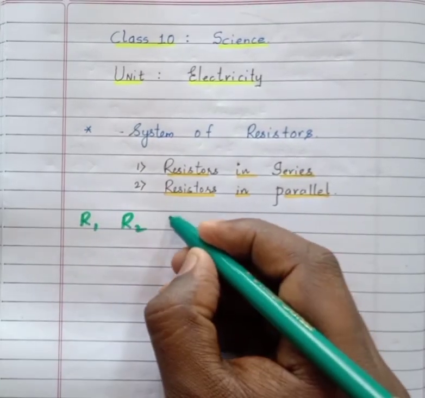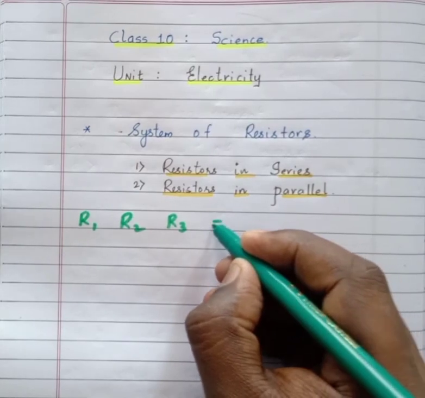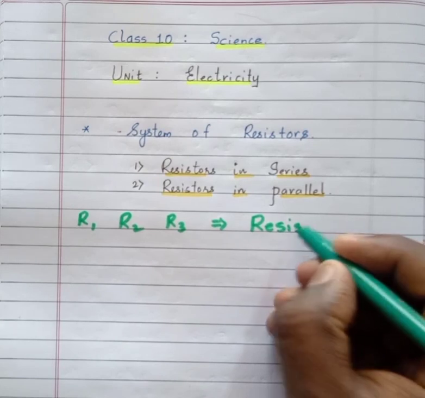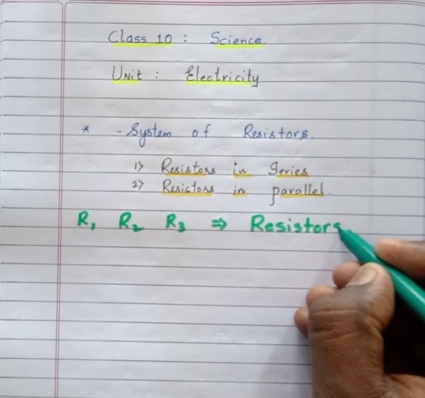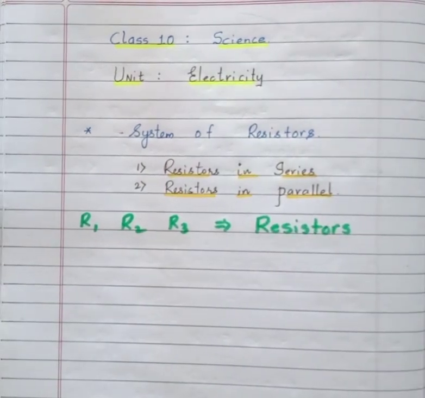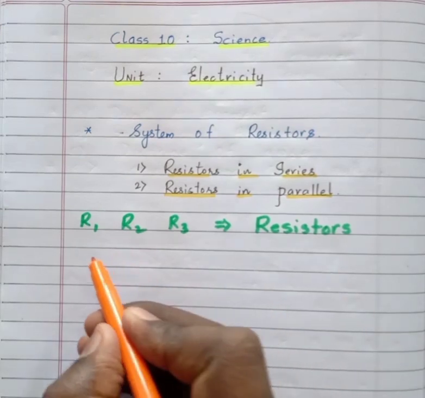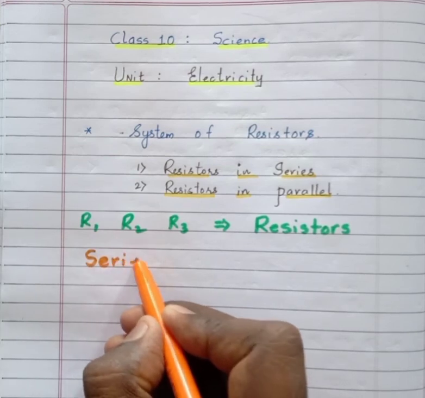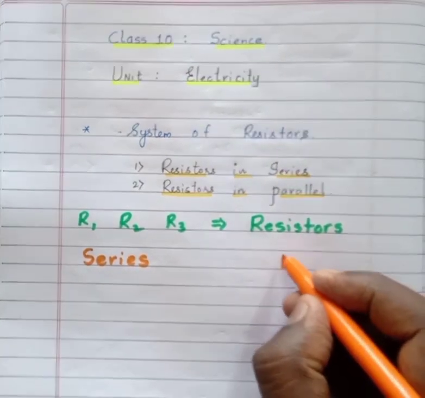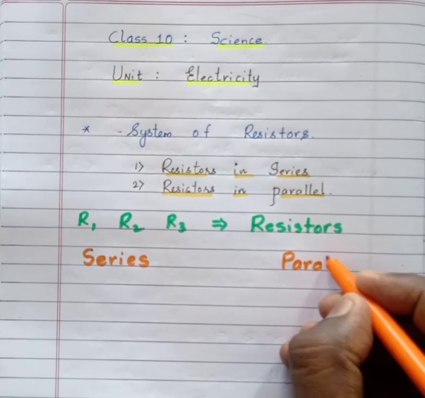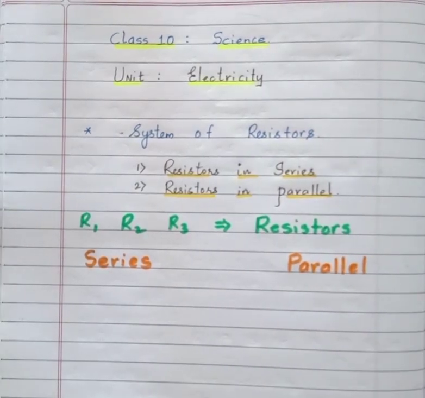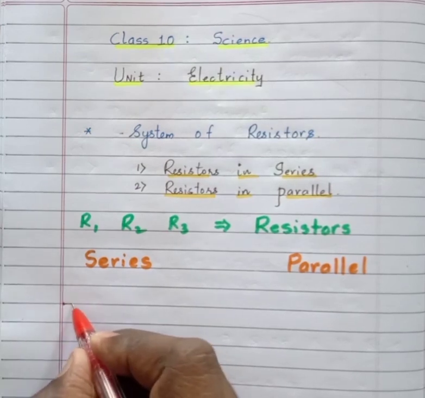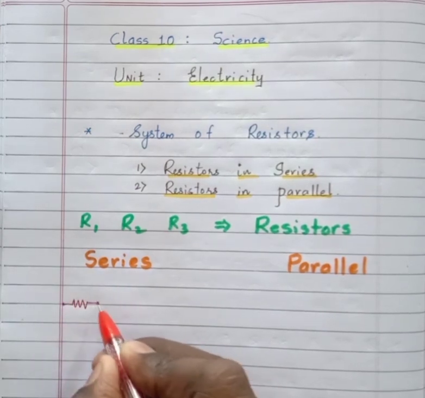Consider three resistors of resistance R1, R2 and R3. We can say system of resistors in series when it is connected end to end. System of resistors are said to be connected in parallel when all the resistors are connected to same end points.